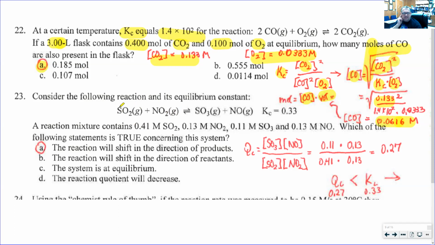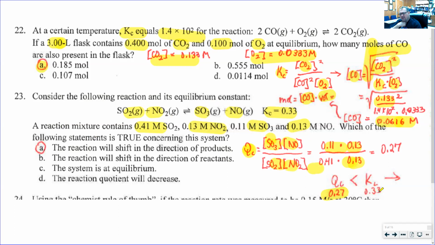All right, 23 says you have a reaction that's got an equilibrium constant, and then the reaction mixture contains certain concentrations of these reactants and products. And I want to know what's going to happen to the reaction. So what we need to do is calculate Q. We calculate Q by putting products over reactants, and we plug in all the numerical values, and we find out that the value for Q is 0.27.